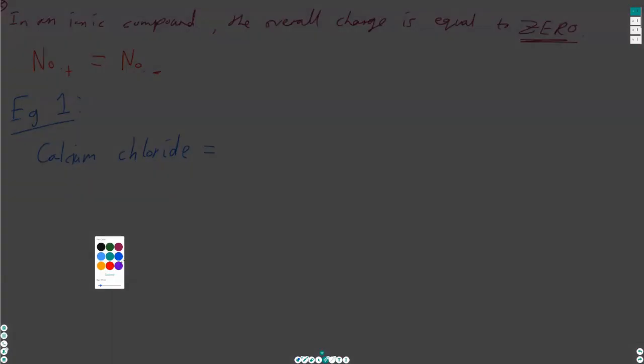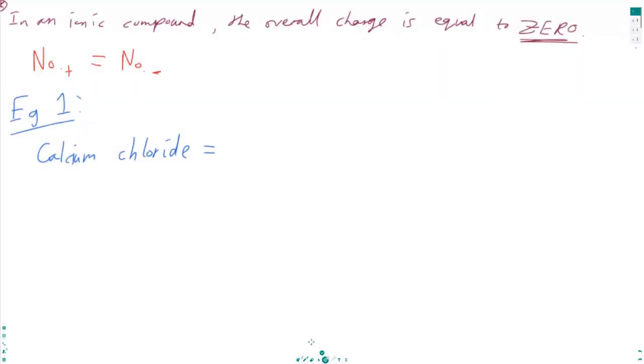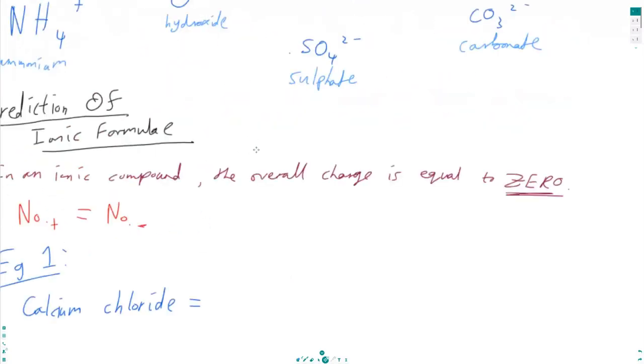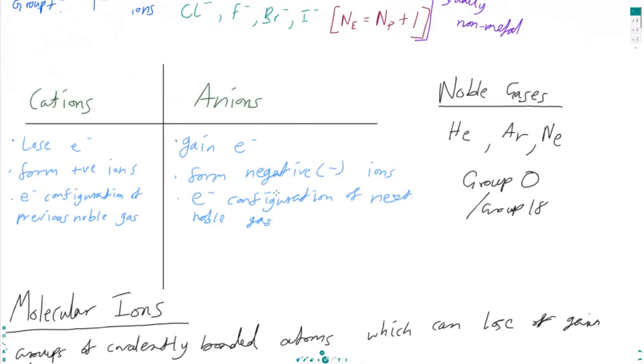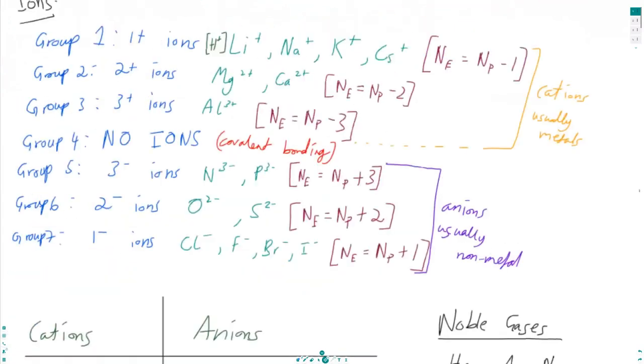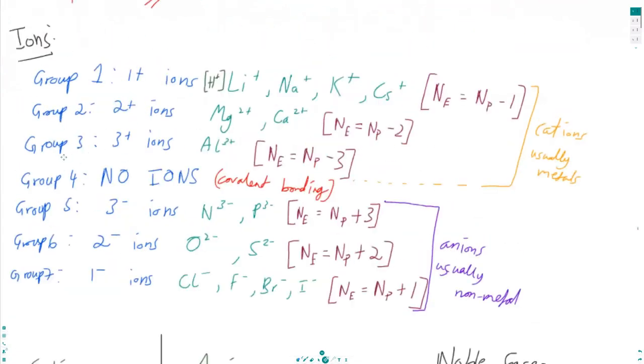We know from our little table, and there's a better table on page 40 of the textbook, that for calcium chloride we have Ca and Cl.